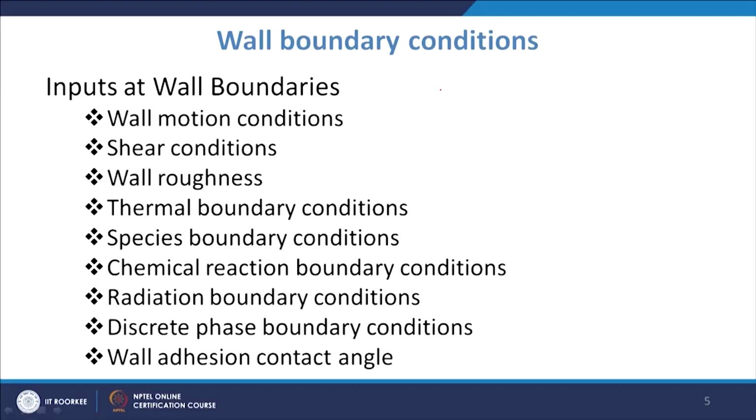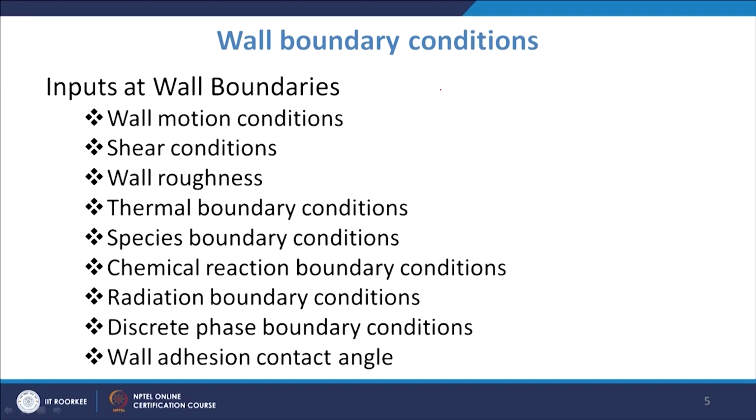Now, you come to the wall boundary conditions. When we talk about wall boundaries, you need to provide many kinds of conditions and parameters, and among them you have wall motion conditions. The wall may be moving, so you may specify the movement of the wall.